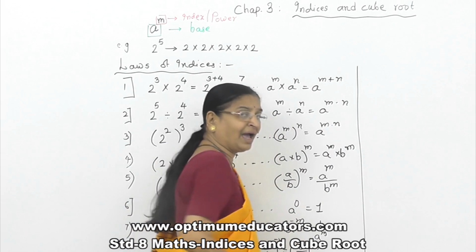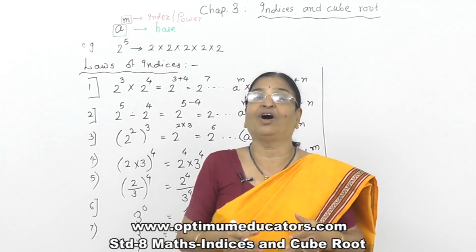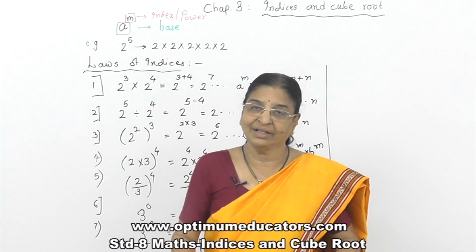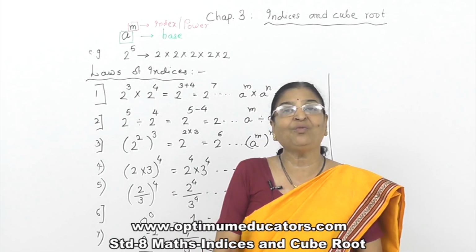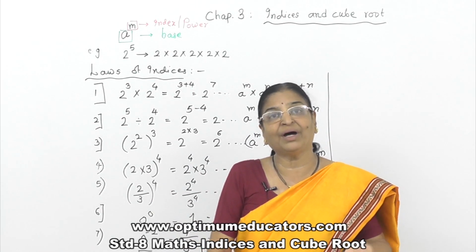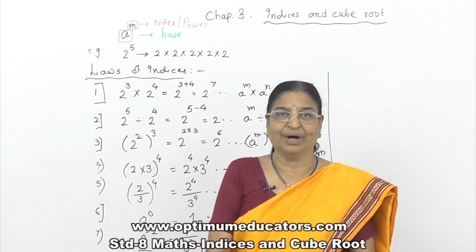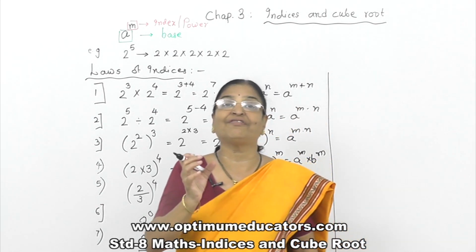Here we have learned that these laws are true when m is a whole number or counting number, that is a natural number. But what about if the index is not a counting number but a fraction?